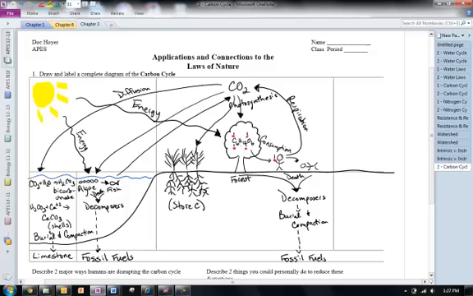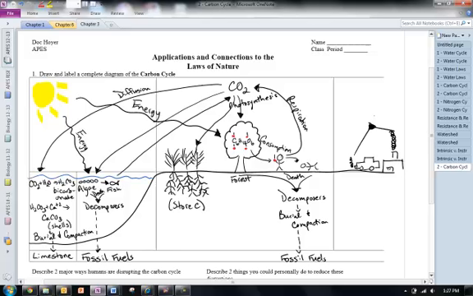We're going to add in kind of a power plant right here with a smokestack coming out, and also have a car here as well with the tailpipe and the smoke coming out of that as well. The reason why we have these two is because they are a major component of anthropogenic carbon emissions.